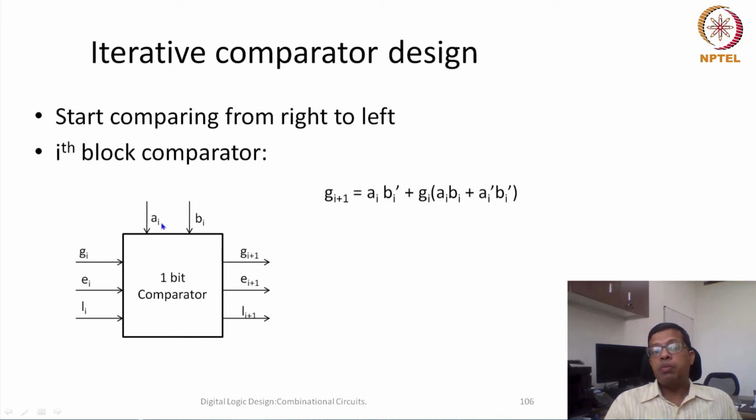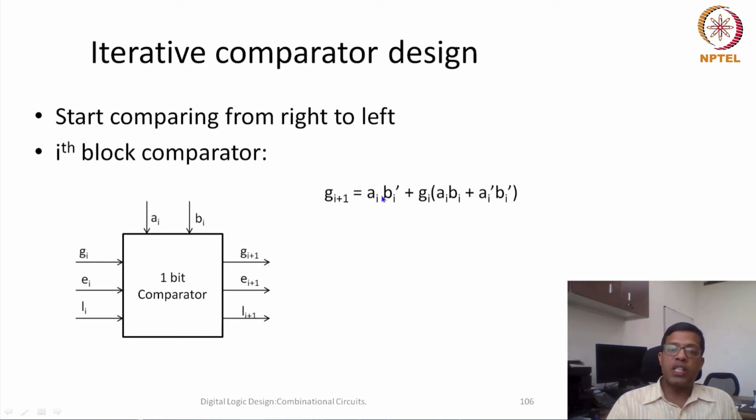My A would be bigger than B if it was already bigger and A and B are both the same now, or it doesn't matter what the previous Gi value was, if Ai is more than Bi, then also Gi plus 1 would be 1.